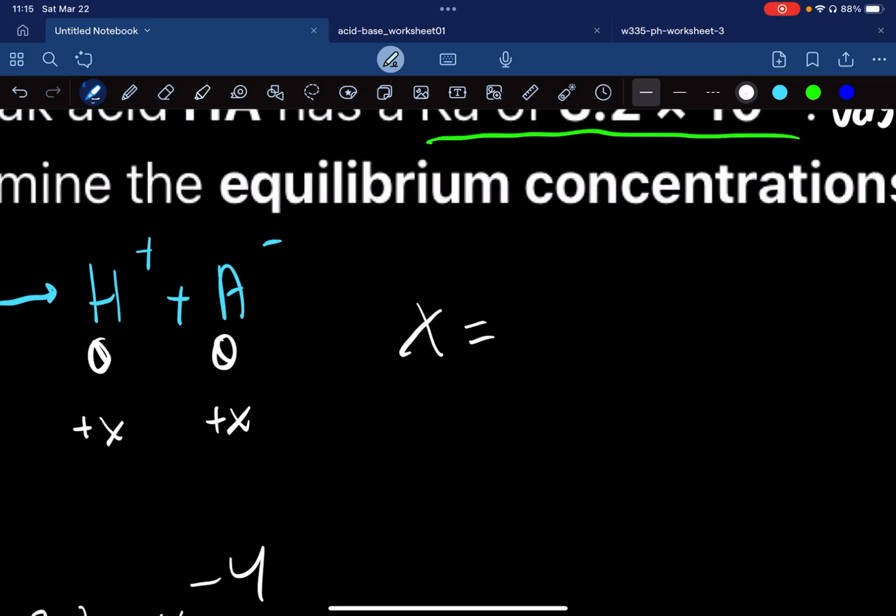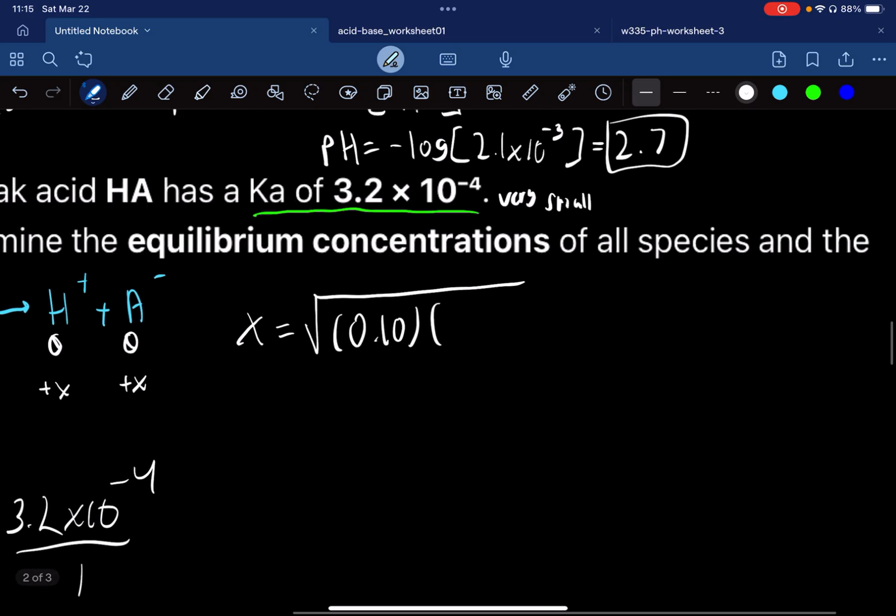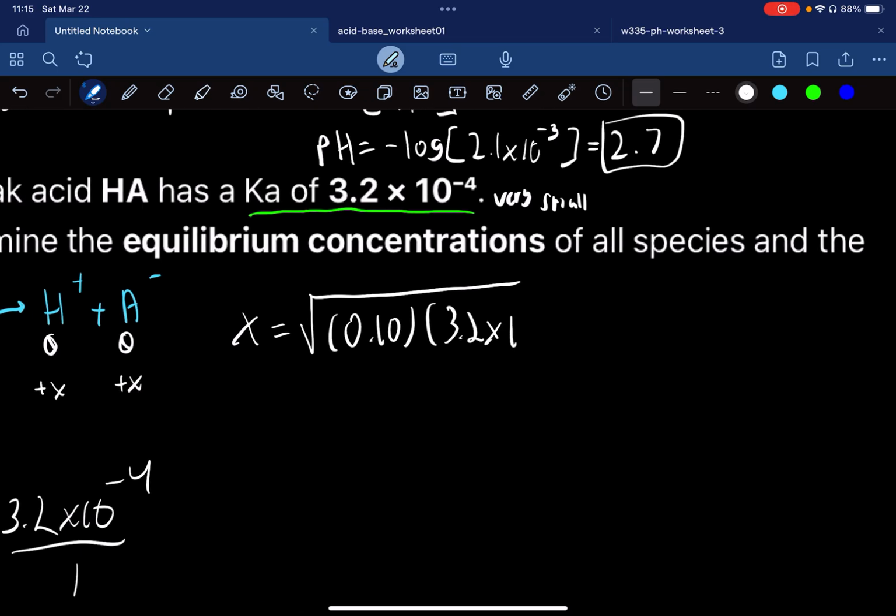So x is equal to the square root of 0.10 times 3.2 times 10 to the power of -4. I apologize for my handwriting. Let's get our calculator out.